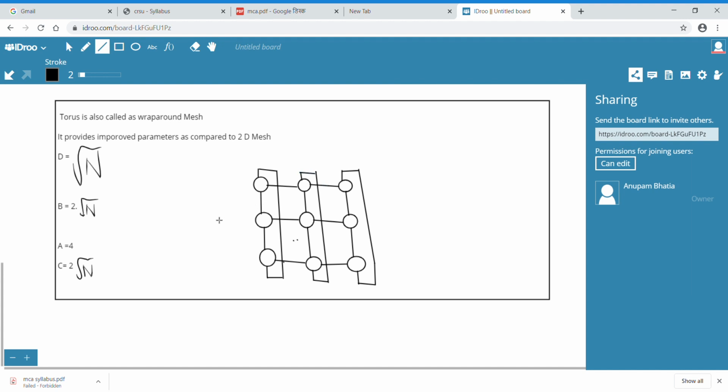Here we have connected the extreme rows. Now we will connect the extreme columns also in a similar fashion.